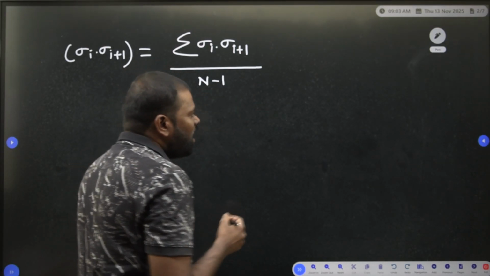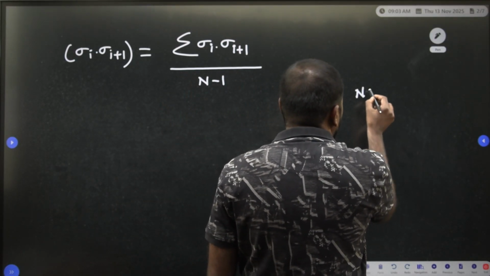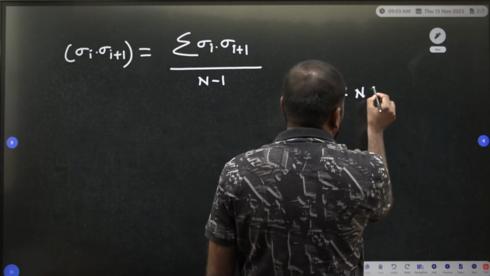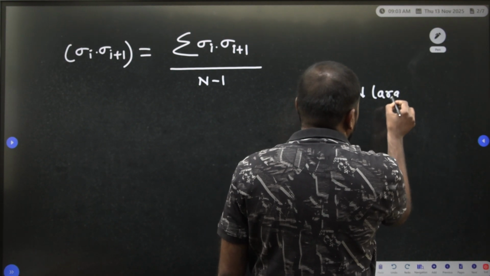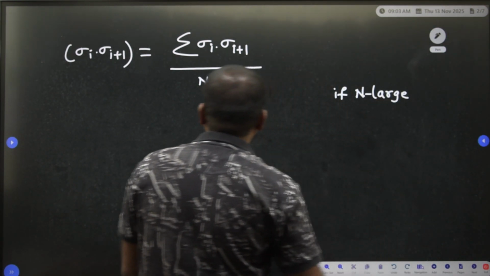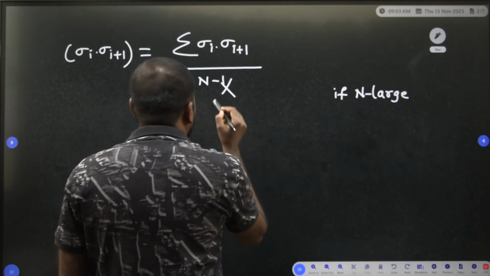This is the formula. If n is a large value, as given in the data, then we neglect the 1.